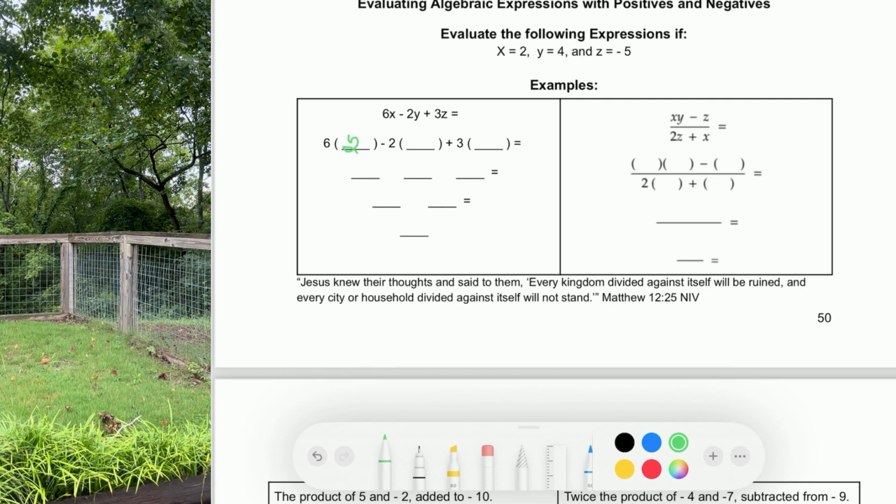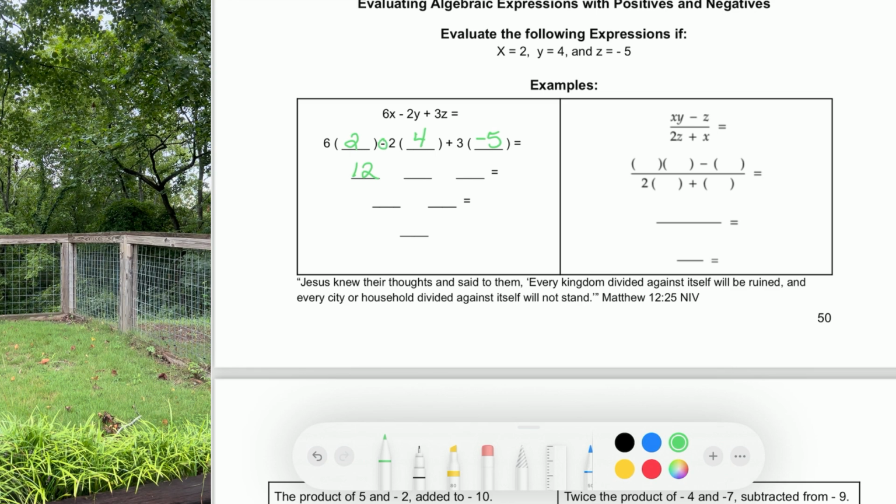The x is 2, so I'm going to put a 2 here. The y is a 4, and the z is a negative 5. 6 times 2 is 12.